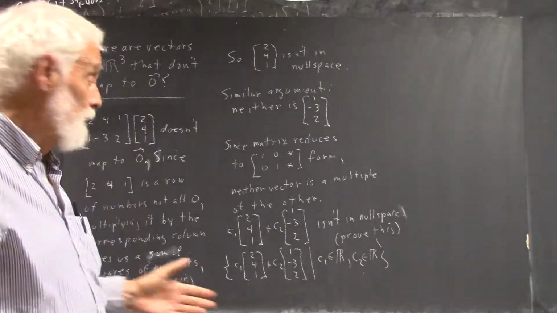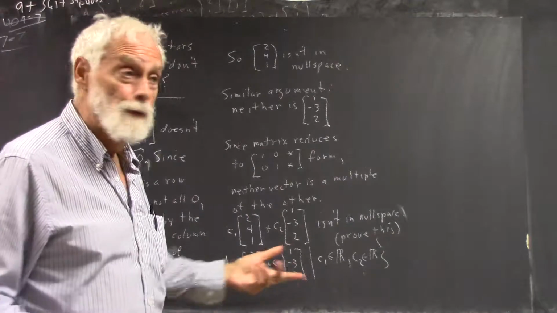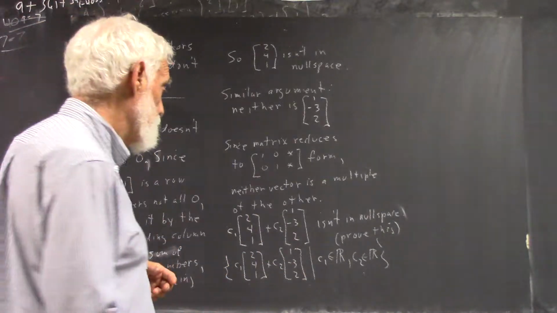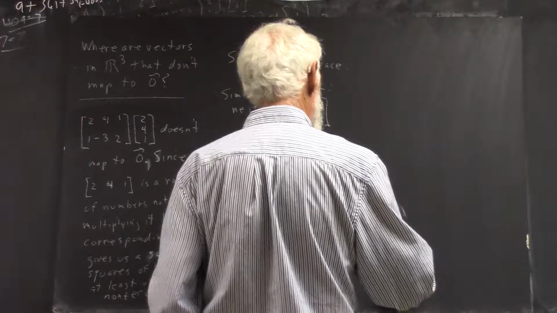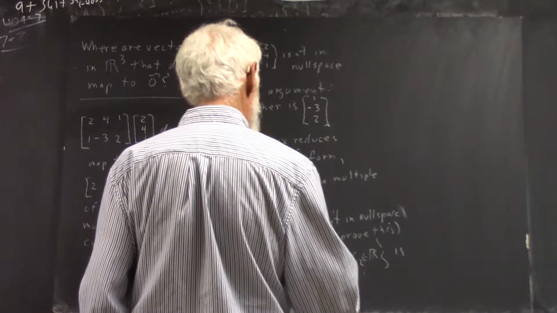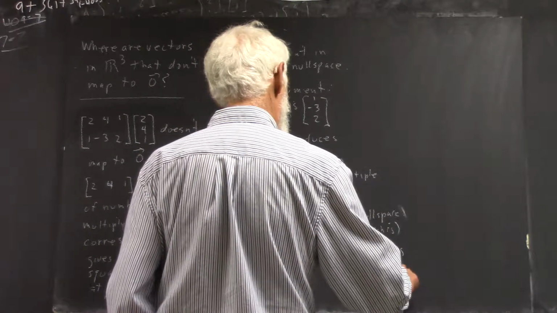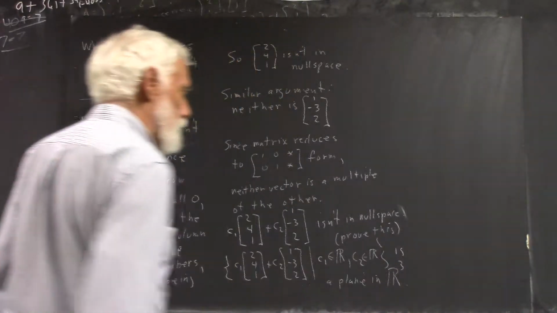In other words, take all possible sums of multiples of these vectors by real numbers. It's a plane in R3.